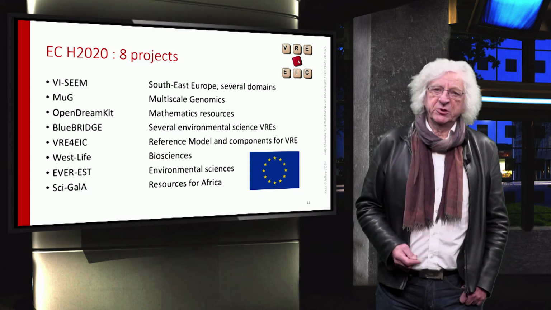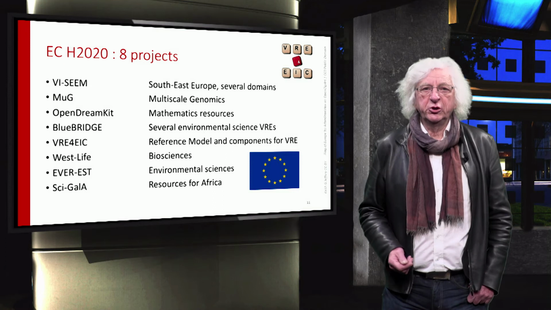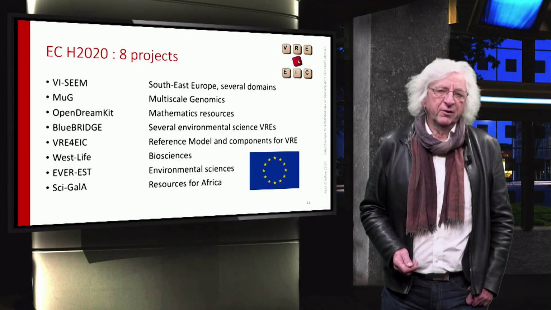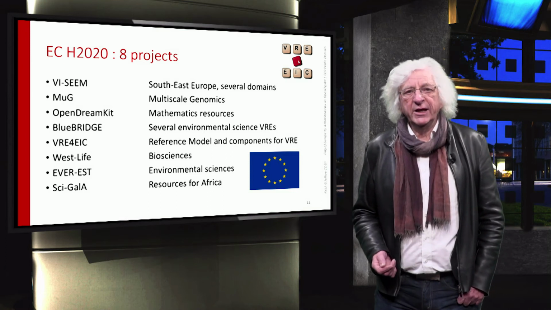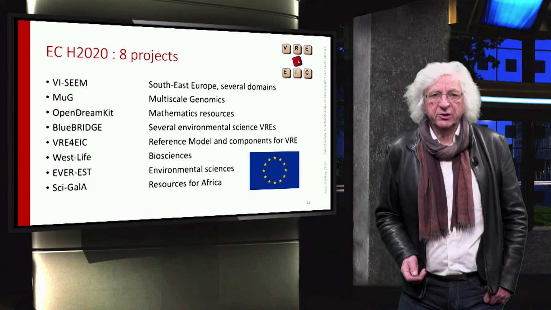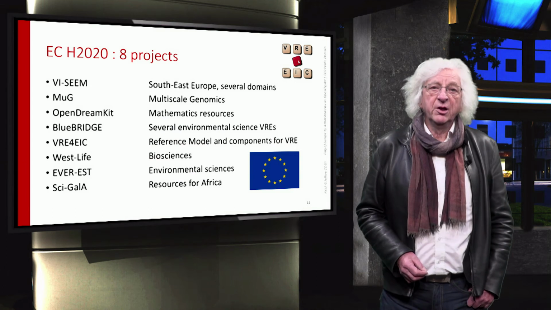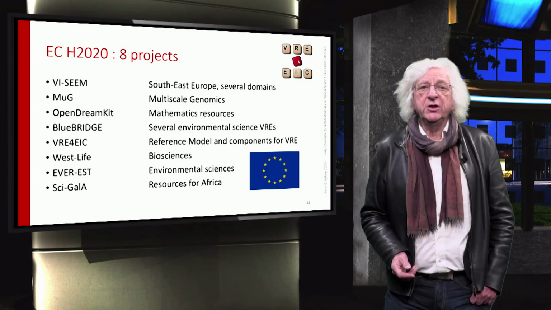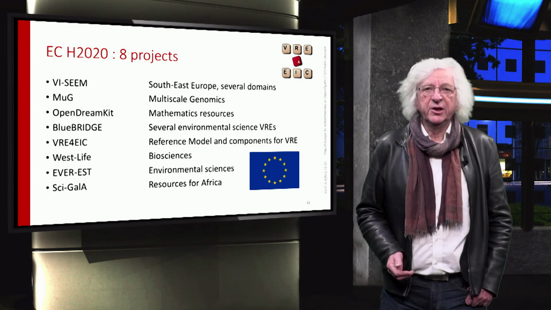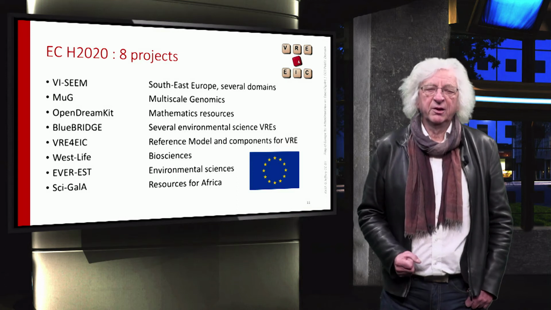Some are domain-specific, e.g. MUG or Open DreamKit. Some enable VRE access to specific domains, e.g. Bluebridge for several environmental domains. Some provide a gateway to existing other resources, e.g. Everest.